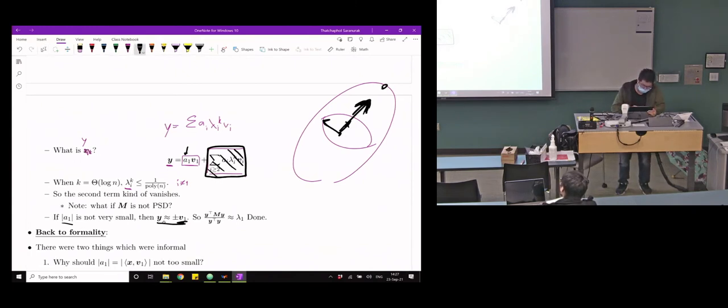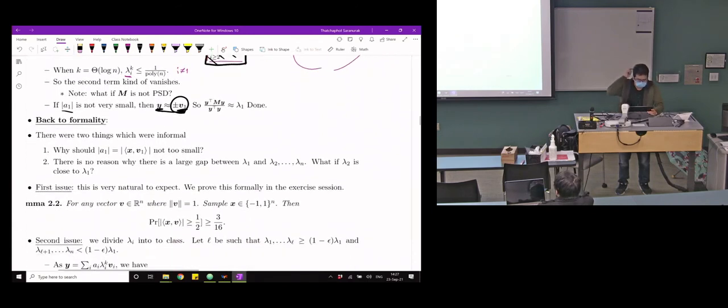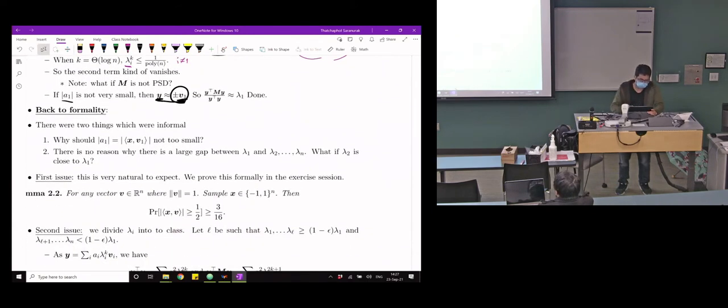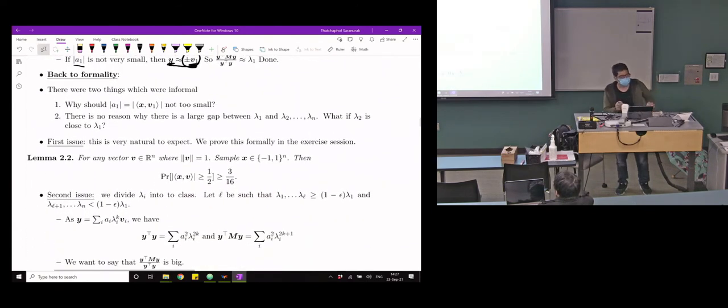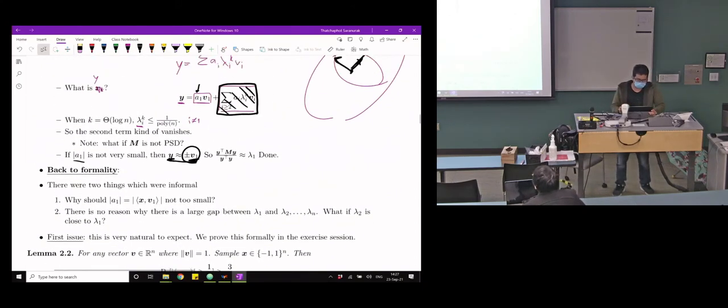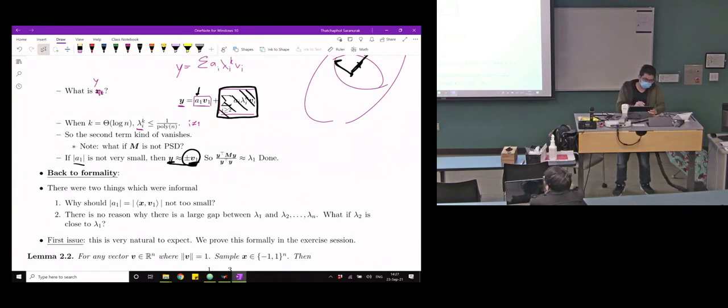And if y is close to the first eigenvector, then you're going to get the ratio to be close to the first eigenvalue. Well, now let's be formal. What is the thing that we didn't make very formal?